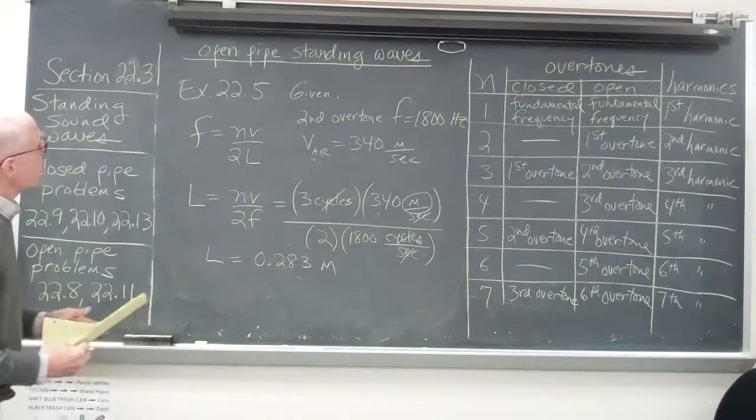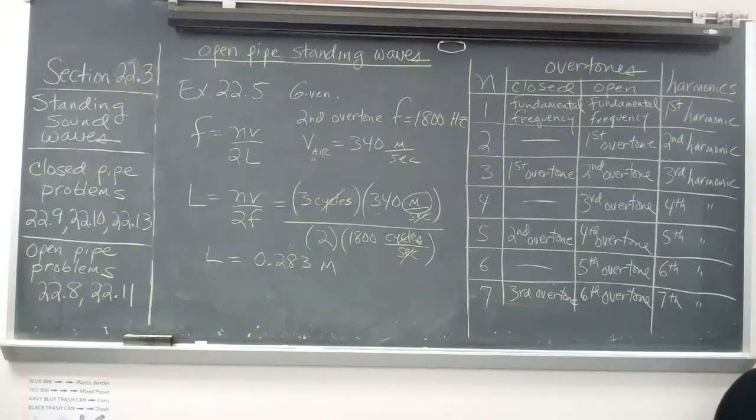Okay, so that is the frequency of an open pipe standing wave. And here are two end of chapter practice problems to add to the ones we already assigned, 9, 10, and 13 for closed pipe. The two open pipe problems, end of chapter 22.8 and 22.11, so you can work on those.